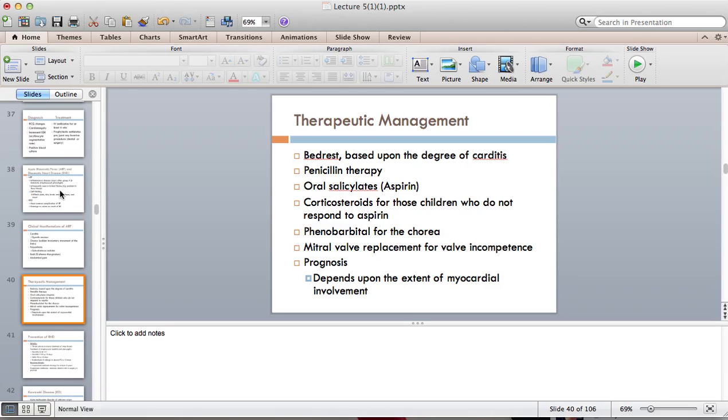So they'll give you aspirin, and or they can go for mitral valve replacement if that condition persists and there is incompetent regurgitation of blood. So again, the prognosis will depend on the extent of the myocardial involvement. Okay.